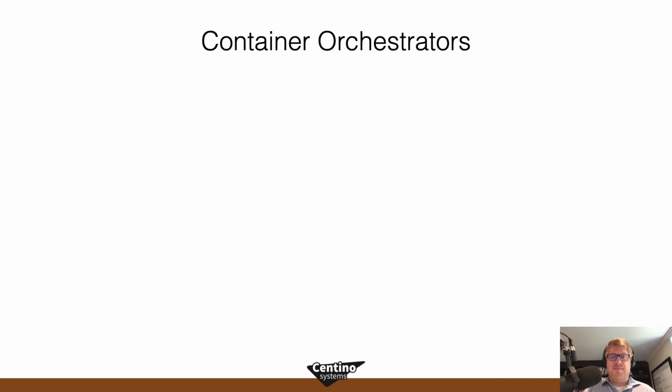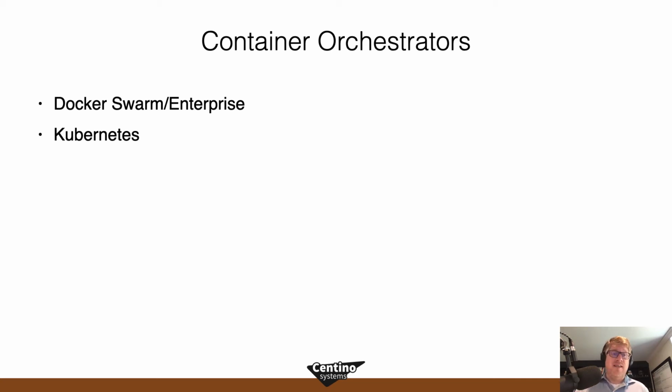Now, some of the key container orchestrators that are available out there, well, you'll see Docker Swarm and maybe Docker Enterprise, but the one that you're going to see the most is Kubernetes. Now, Kubernetes is an open source project that came out of Google. And so some organizations require that you use a distribution that is managed and supported by an organization. And that's where things like Red Hat OpenShift come in.